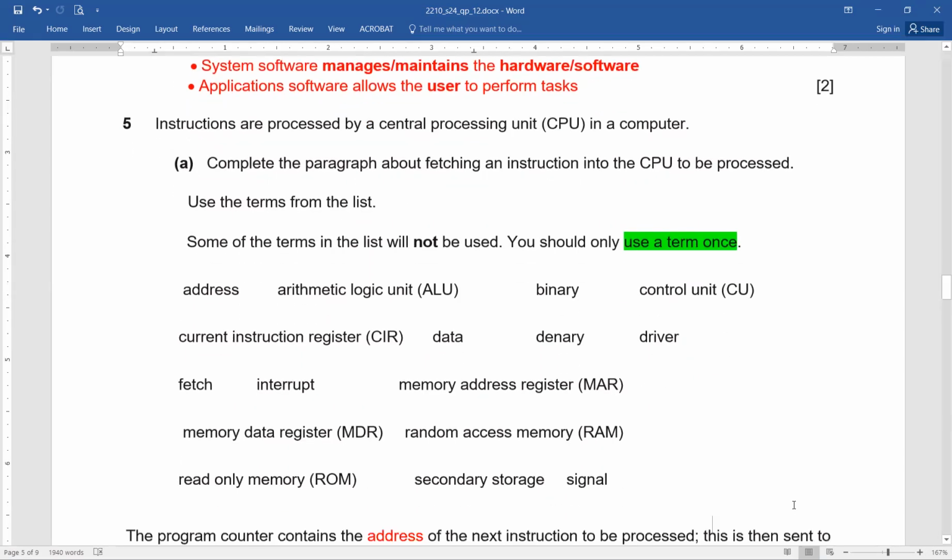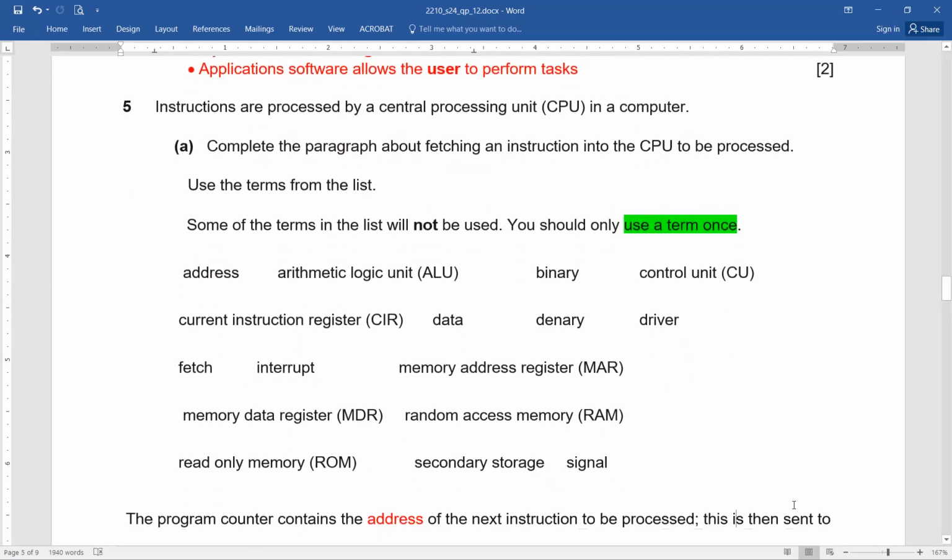And a few other terms: read-only memory, ROM, secondary storage, and signal. The program counter contains the dash of the next instruction. I hope that we have been learning this, the PC, program counter, and what its job is. Its job is to store the address of the next instruction. So that is why address is the right answer.